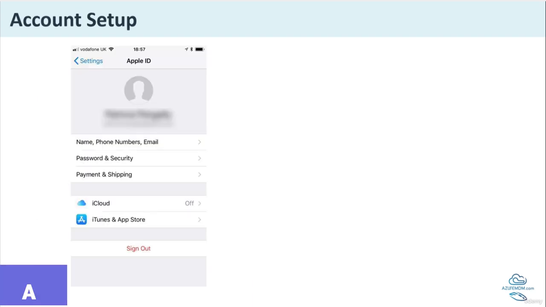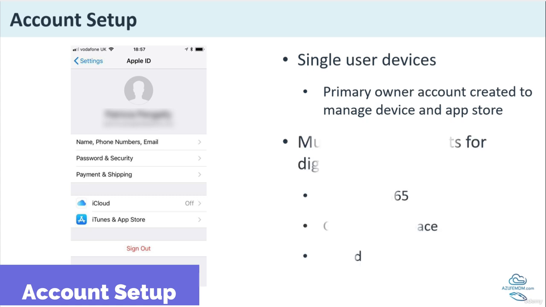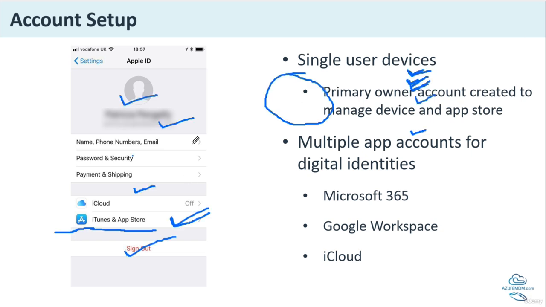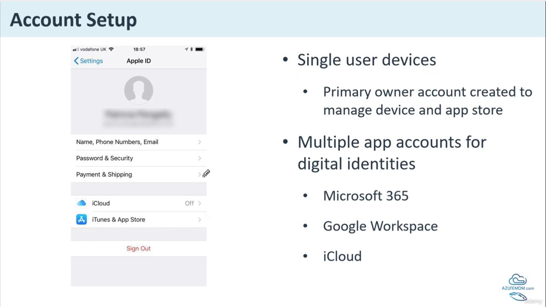Account setup. All right. So here you can understand that whenever you are buying a new Apple device, you have to register for an Apple ID. You can register it with your phone and with your email ID. You need your name. You have to ensure a password so that no other person can use your Apple ID.